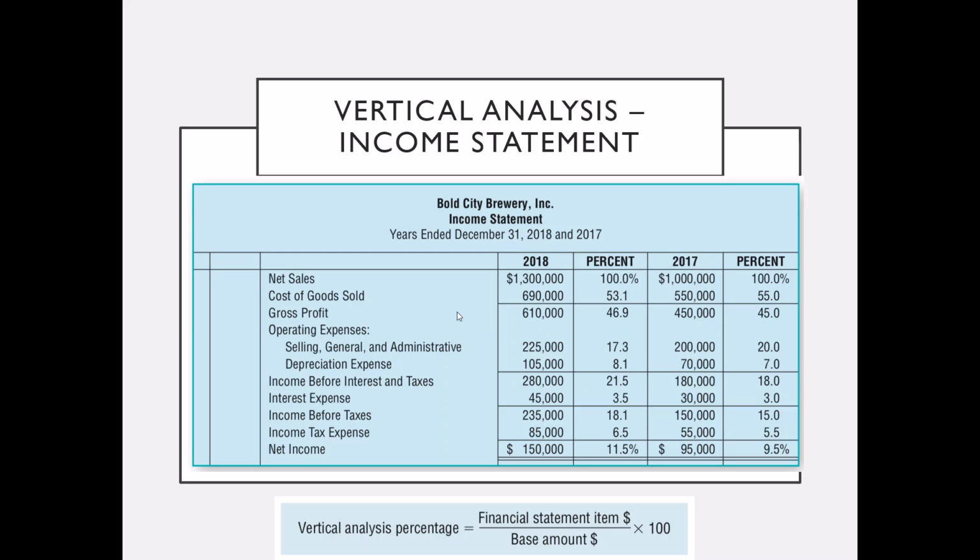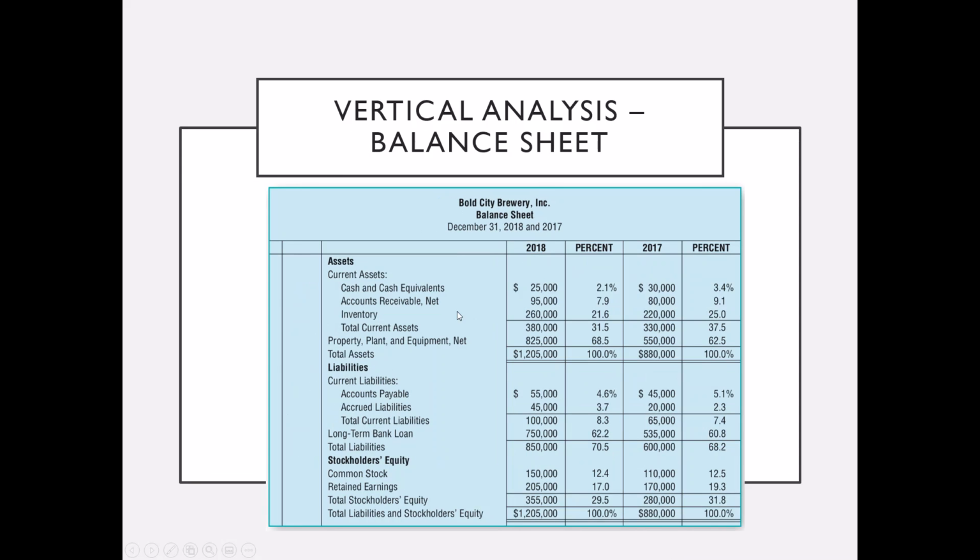So when you get to the balance sheet, obviously there's no net sales to use as your base, so on the balance sheet the base is usually the total assets. So what percentage of my total assets are my cash and cash equivalents? You would take 25,000, divide that by 1.205 million, and it would be 2.1%. Accounts receivable, 95,000 divided by that is 7.9, and so on and so forth.